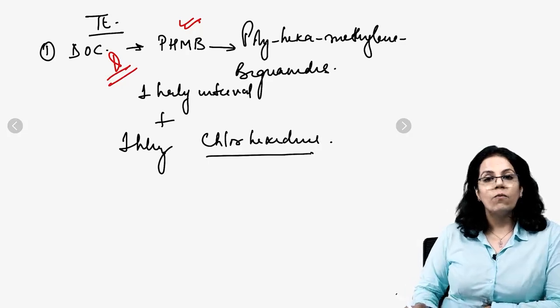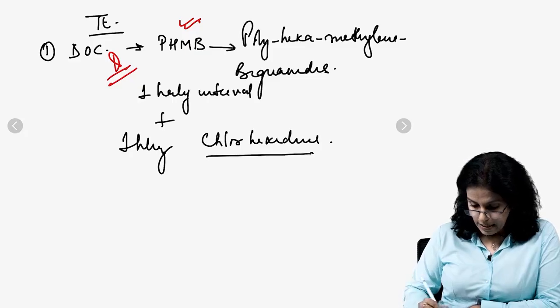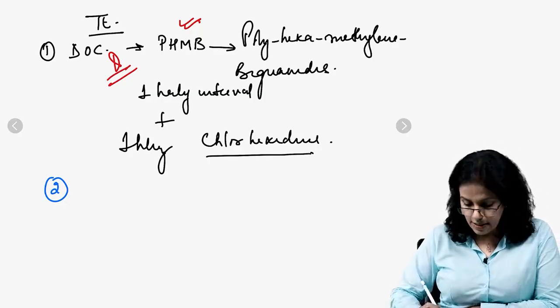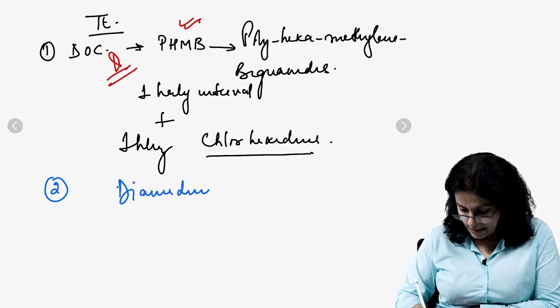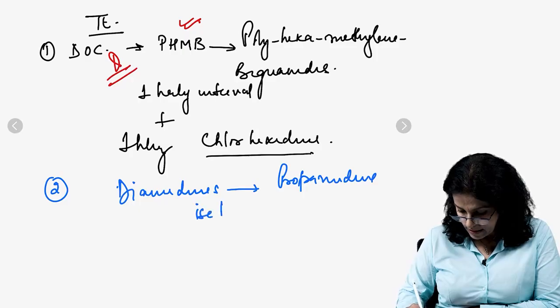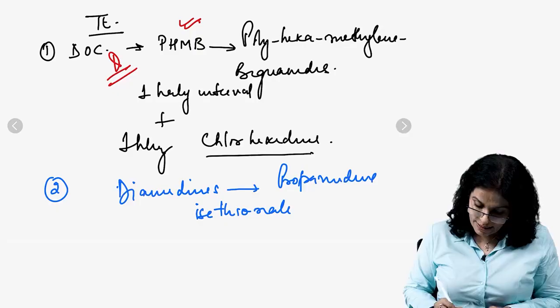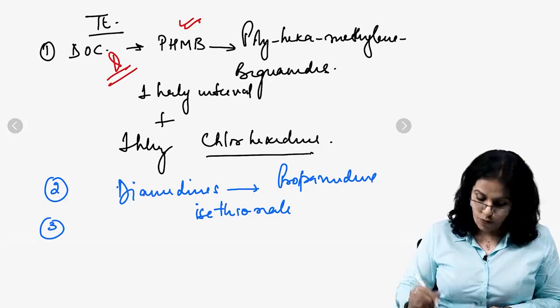Check. What can be the other drugs which are effective against this? Second we can note down is diamidines, that is propamidine isethionate. Diamidines, and one name that you have to know is propamidine isethionate. And of course neomycin. But neomycin, what is the disadvantage? It is only effective against the trophozoite form.